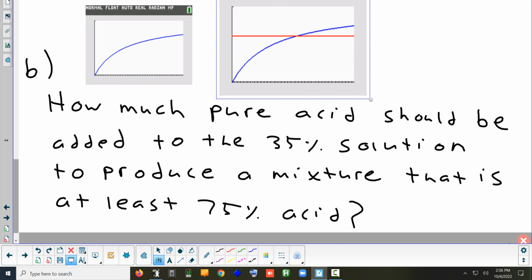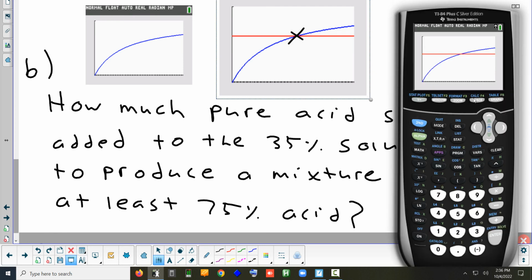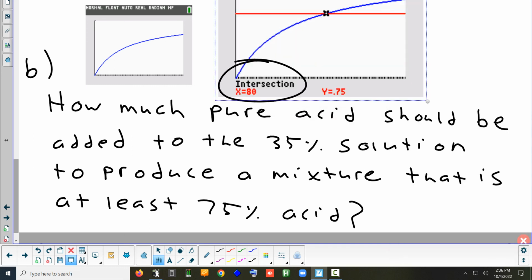I have a mark on my graph exactly where the concentration hits 0.75. So what do you think I need to calculate? Calculate where they intersect. So second calc, intersect. And there you go. If you add 80 ounces, you will make the mixture exactly 75% acid. You don't have to worry about solving that by hand, just on the calculator.